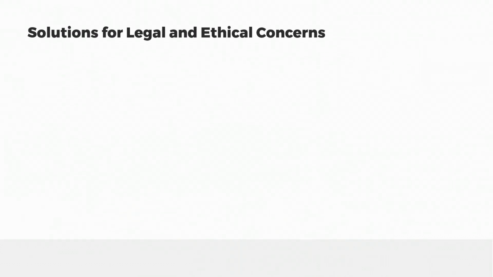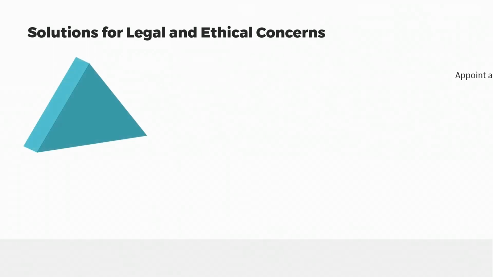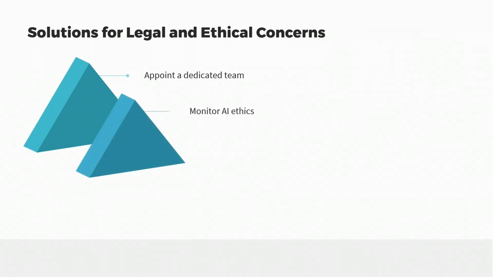Now, to address the legal and ethical concerns associated with AI, organizations need to implement a few important measures. For example, establishing a dedicated team responsible for overseeing AI ethics and compliance initiatives can help organizations to proactively address legal and ethical risks, develop policies and guidelines, and ensure alignment with regulatory requirements and industry standards.